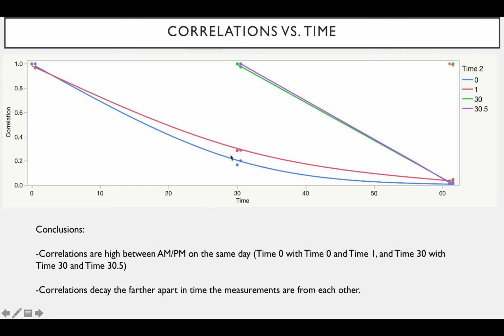So April and May are not very correlated. There's a little correlation, but it's between 0.2 and 0.4. And then these measurements are April compared to June. These are almost zero correlations, really low. So what we can see here pretty clearly is that as time passes, those correlations are decaying.